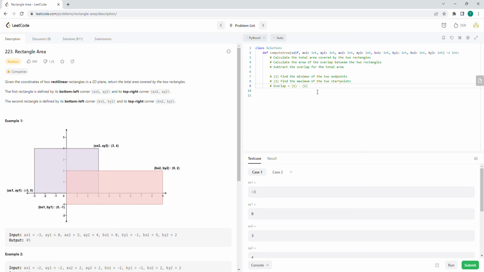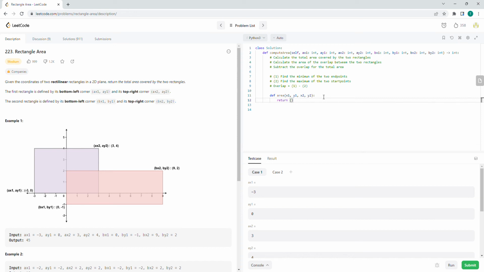So let's define the following. Let's define a function that finds the area, and that's going to take in x1, y1, x2, y2. We define a function that finds the area, and we're going to return the area of a rectangle.